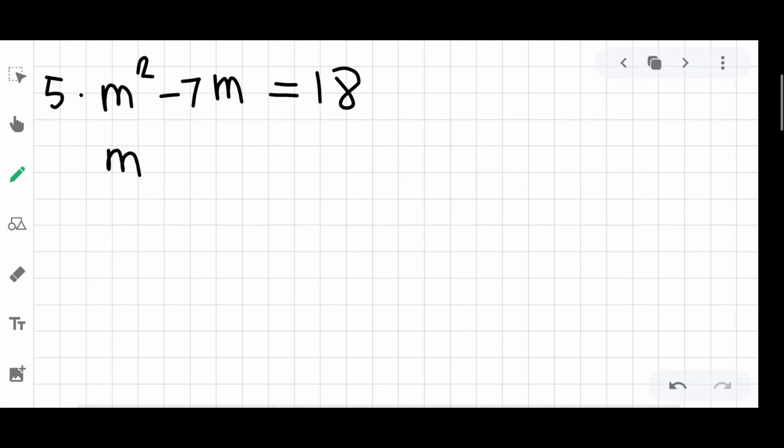So, m squared minus 7m positive 18. Pag nilipat natin, magiging negative 18 equals 0. So, hindi ko na muna sinulat yung equal 0. Ngayon, let's factor this using factoring trinomial.